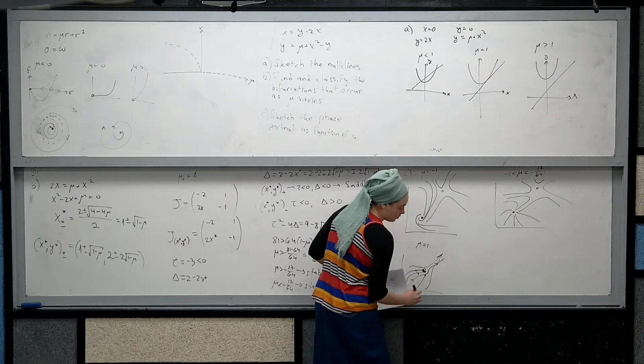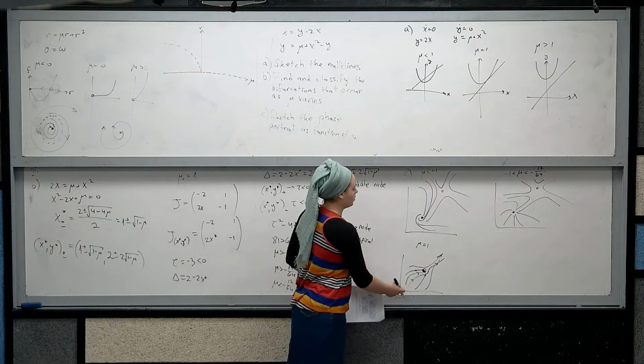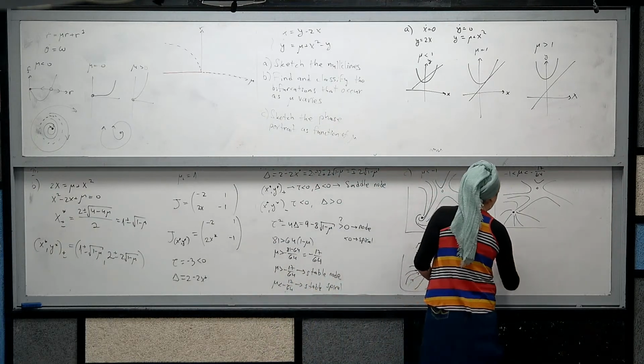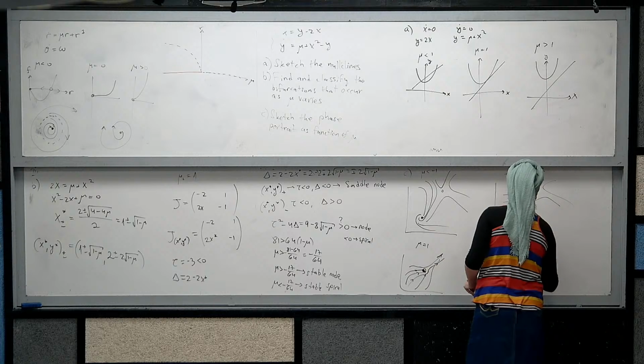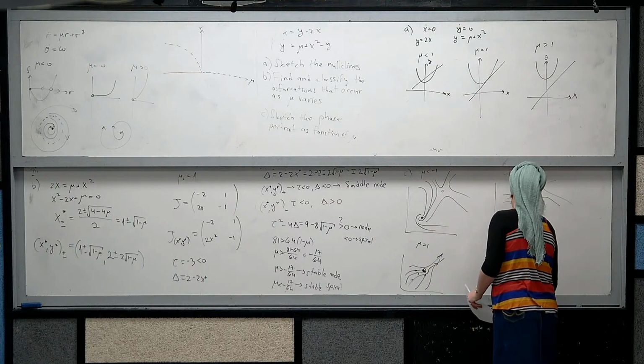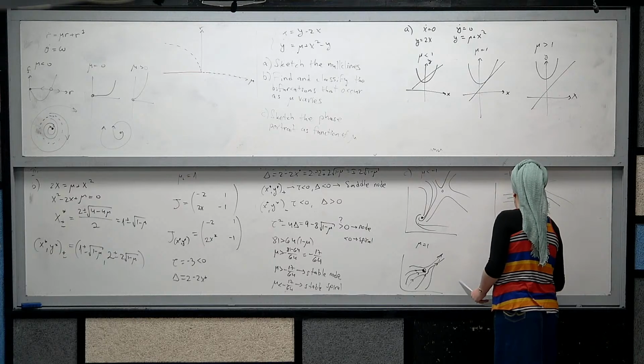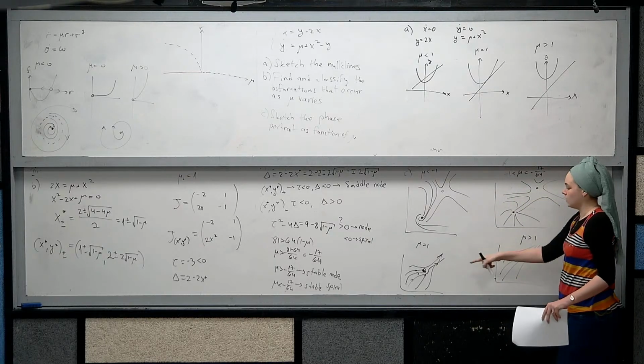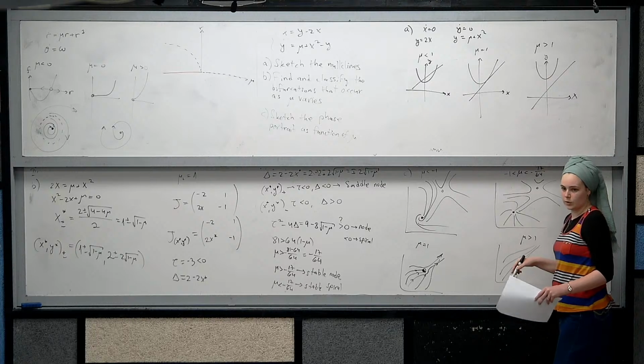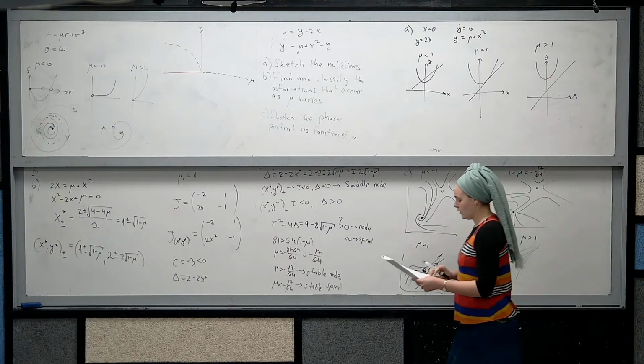Some flow this way, and for mu bigger than 1, we have just flow without the critical point. Okay, cool.